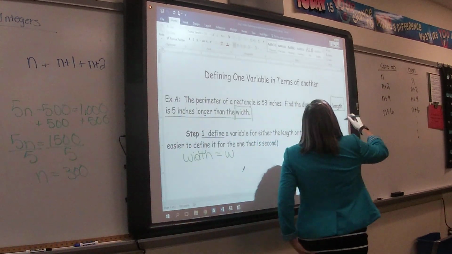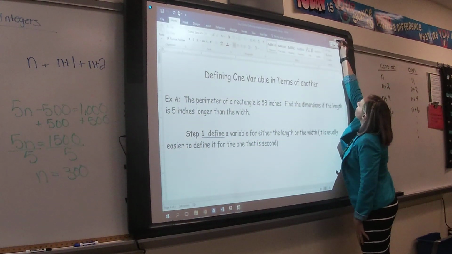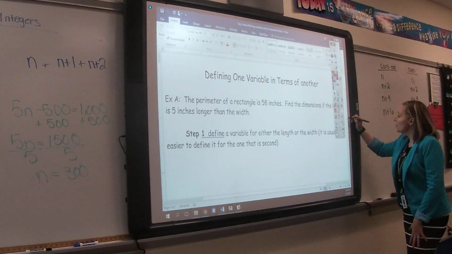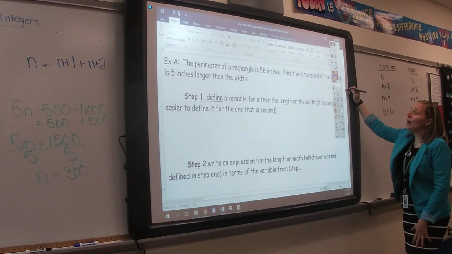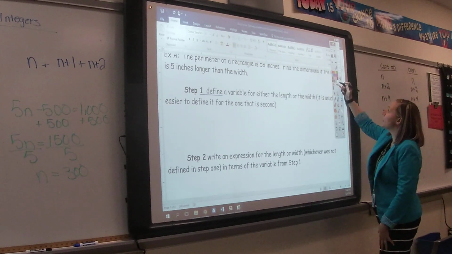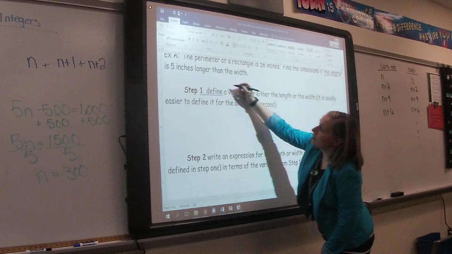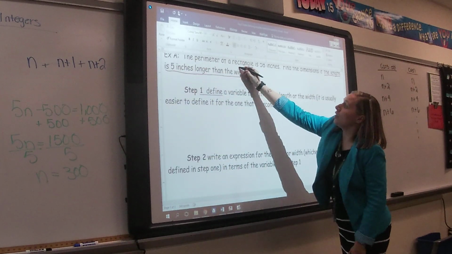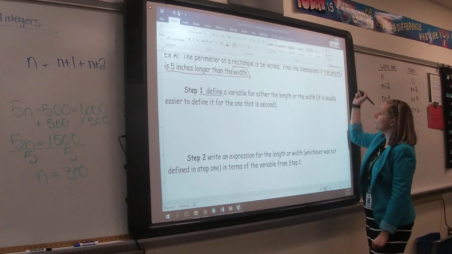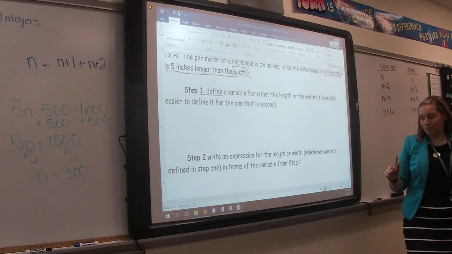All right, step 2. We are then going to define the other one based on our basic translations. So the length is 5 inches longer than the width. We're going to go by the rules we learned on Friday.